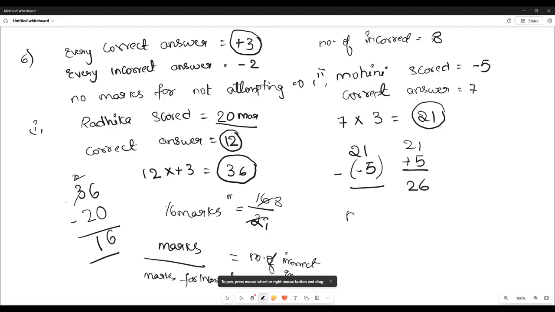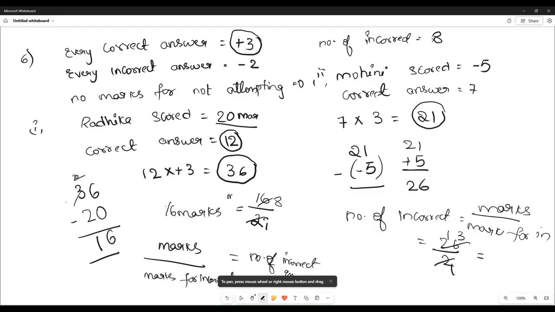So the number of incorrect questions equals marks by mark for incorrect, which is 26 divided by 2, which becomes 13.